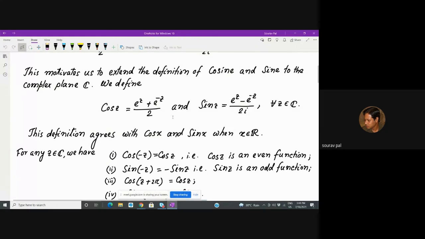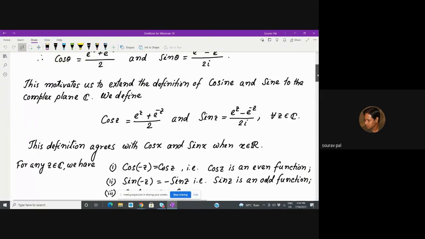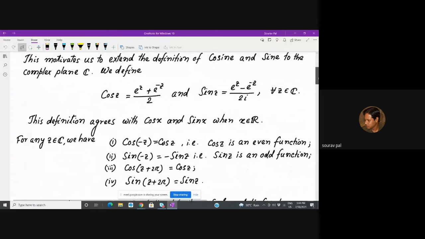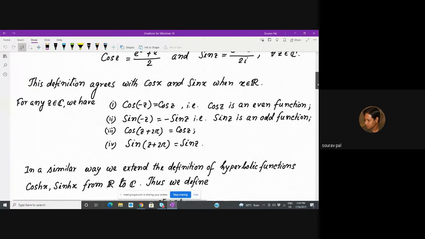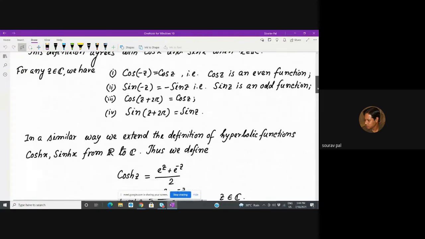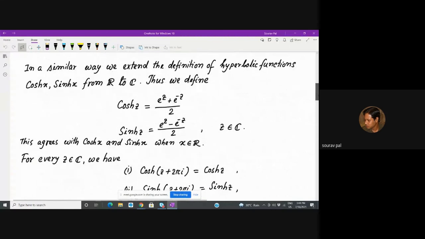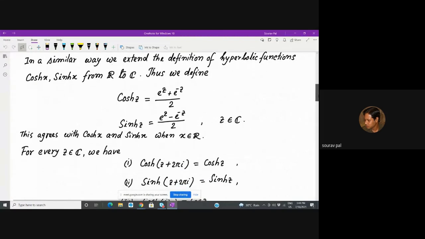If you put z equal to some real number x, you will see it coincides with whatever we knew earlier. So if we define complex cosine and sine this way for all complex numbers, they have these properties. I have written them down. It's 2 pi periodic.